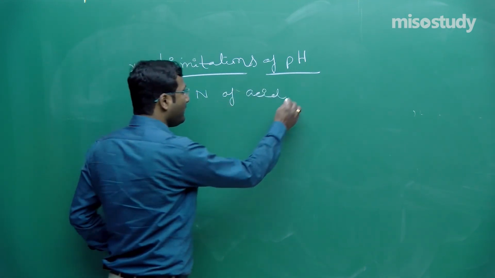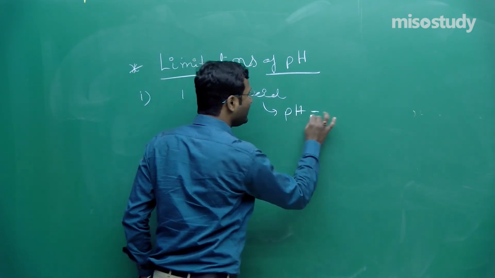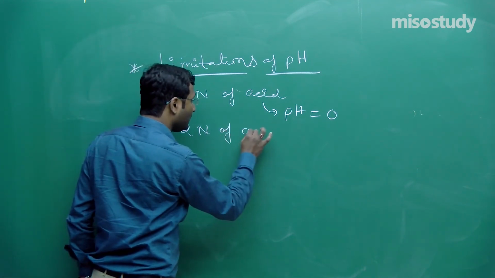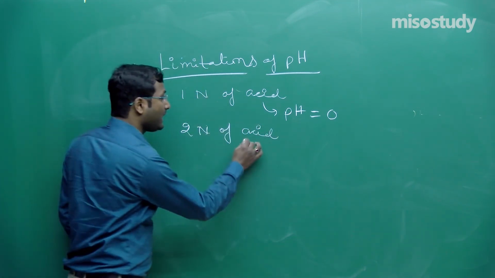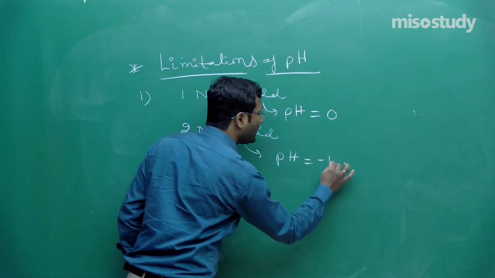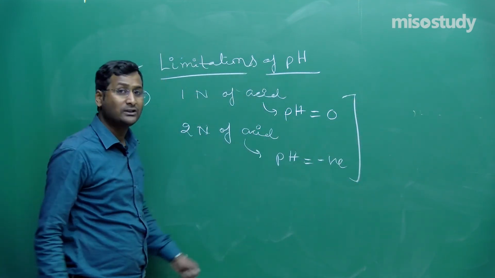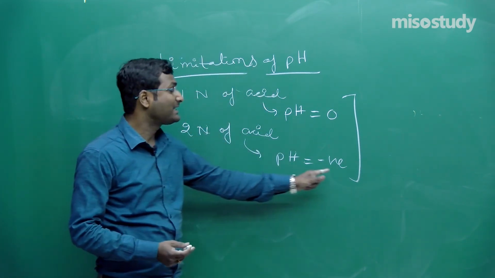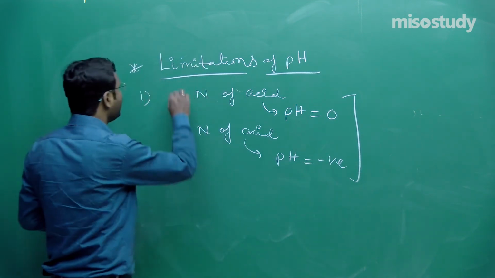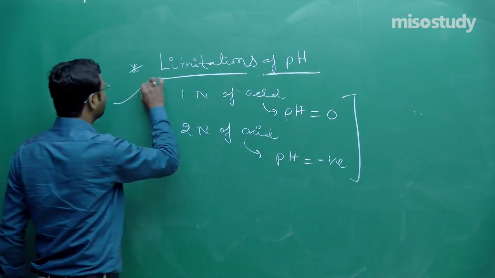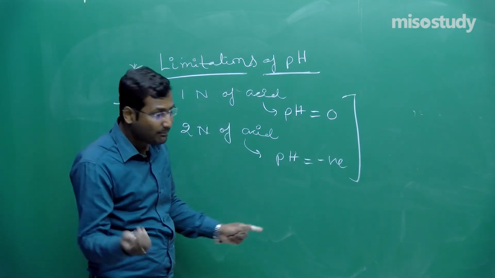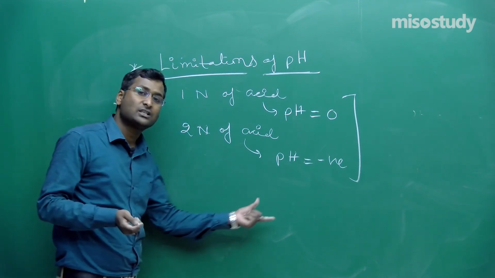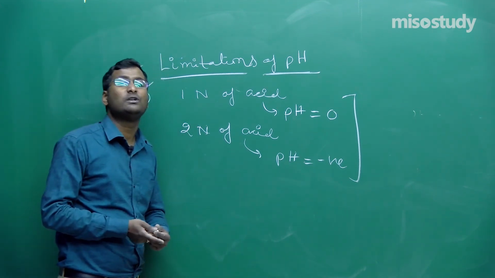In this case, the value of pH is equal to 0. But if I take 2 normal of acid solution, now what will happen? In this case, pH comes negative. But as we all know, the value of pH lies between 0 to 14. So pH cannot be negative. So in this case, the pH scale cannot explain the situation related to this. If we take 2 normal, 3 normal, 4 normal, 5 normal solution, then pH value is negative, which is not possible.